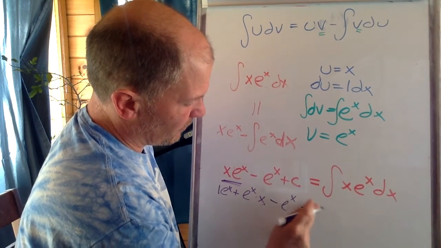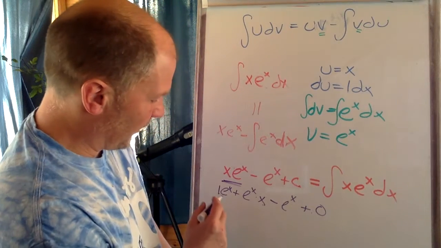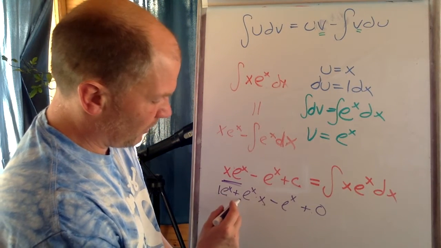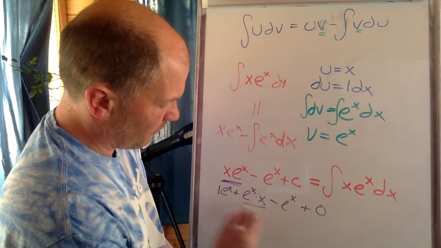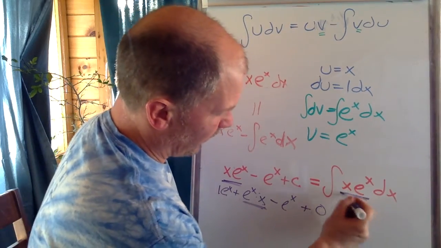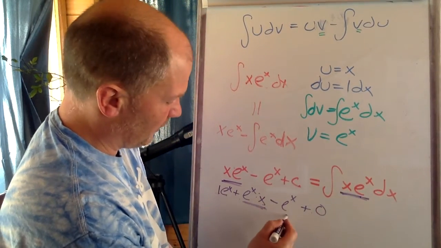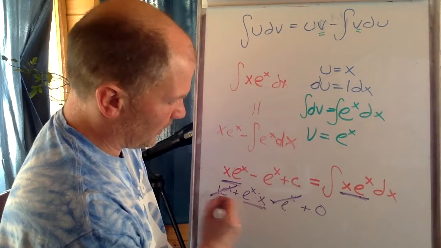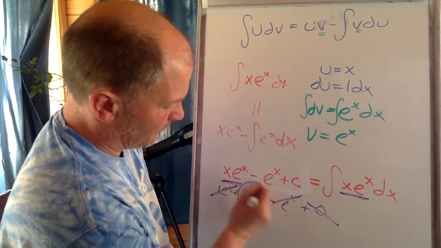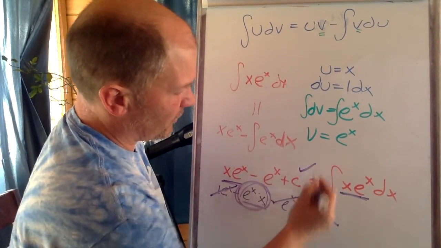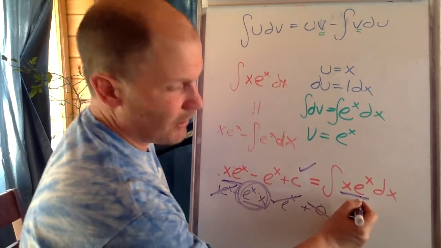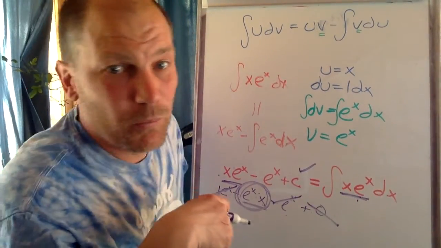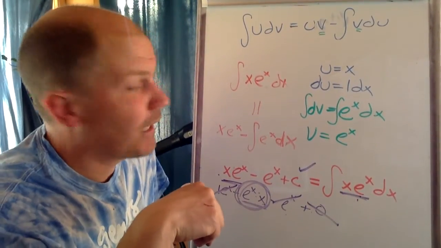And we have 1 times e to the x plus e to the x times x. Well, that is that. So that's good. Minus e to the x. That cancels out with that. The 0 is gone. So we are set. This is the integral of that. That is what we basically proved.